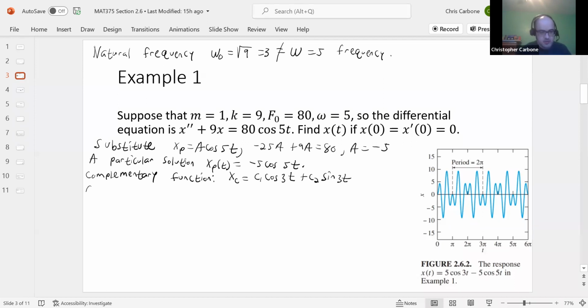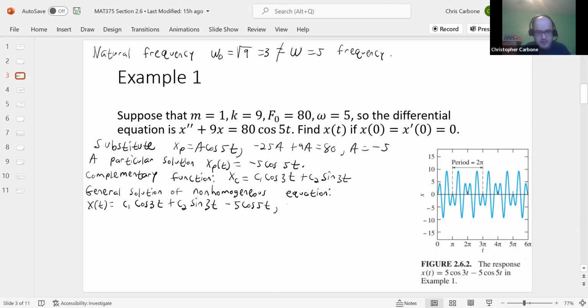The general solution for that non-homogeneous equation is going to be x of t is c sub 1 times the cosine of 3t plus c sub 2 times the sine of 3t minus 5 times the cosine of 5t.